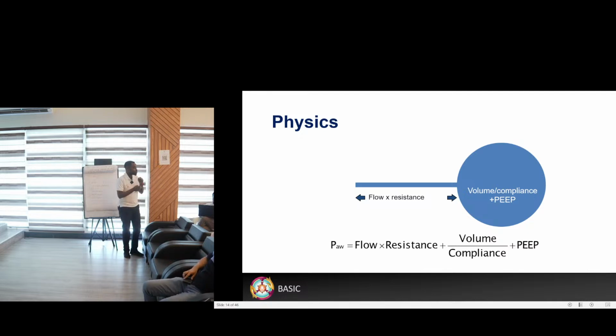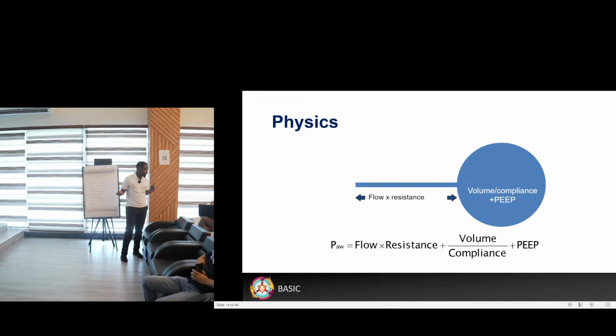So any of these parts that increases will eventually cause an increase in the pressure that I'm supposed to use. The resistive component is equal to flow times resistance. If I increase flow, I will increase the pressure in the resistive component. And if I increase resistance, I will increase pressure in the resistive component.